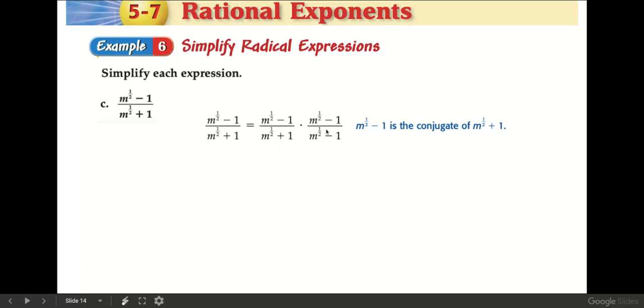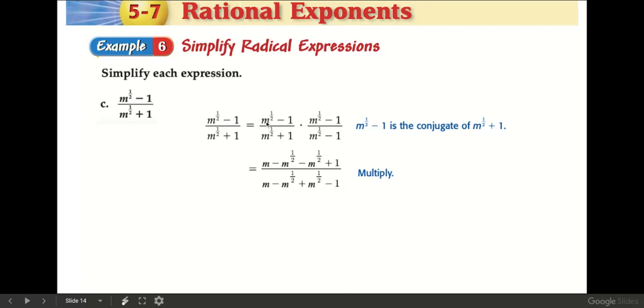But I have to make sure that whatever I multiply on the bottom, I multiply on top, because that's like multiplying by 1. So when I multiply that out, let's do the bottom first. m to the 1/2 power times m to the 1/2 power is m to the first power, because they have the same exponent. m to the 1/2 times -1 is negative m to the 1/2. And then 1 times m to the 1/2 is positive m to the 1/2, and then 1 times -1 is -1.